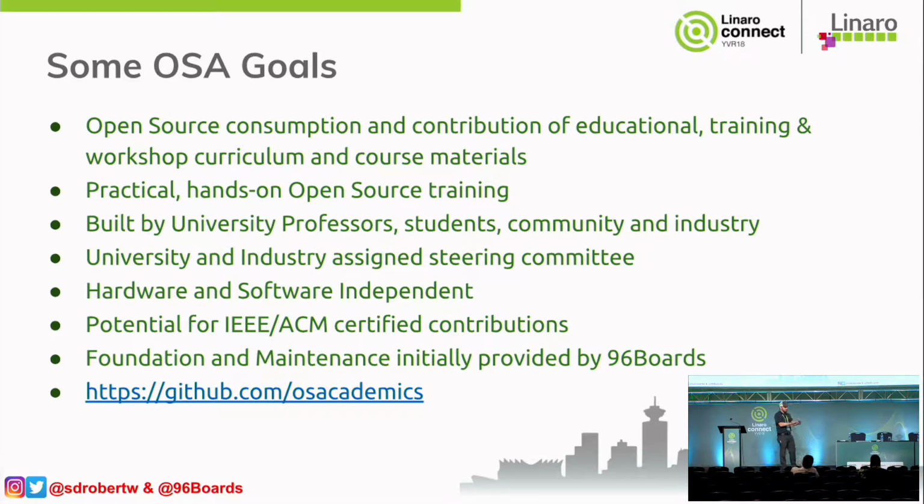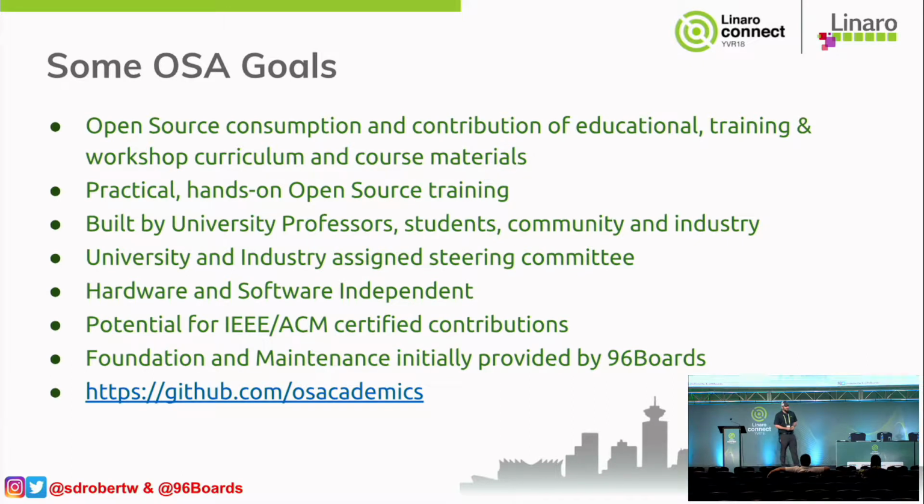What Open Source Academics wants to do is provide a platform and a place for students to go to try and get noticed by industry, and a place for industry to go to incentivize students, to give them stuff, and to grow with the technologies they're creating. Primarily, I'd like this to focus around 96Boards, but we're not limiting it to 96Boards.